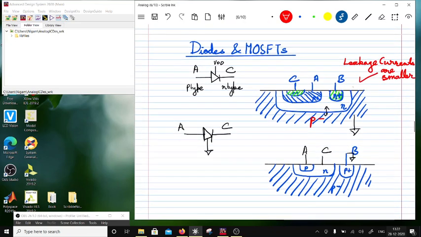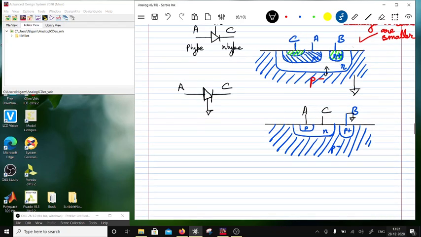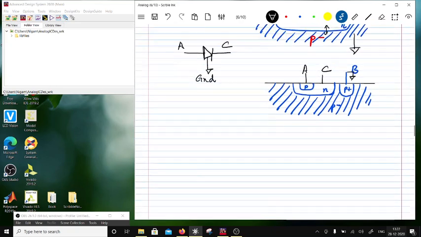So there are going to be two ways to do this, right? If it is sitting in the well, then your VDD is the body terminal. If it is sitting outside the well, then ground is the body terminal. So it's a 3-terminal device.